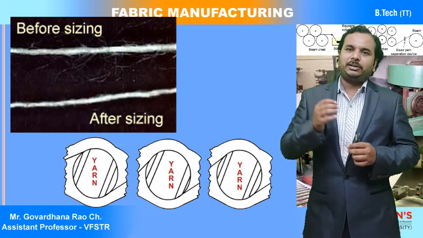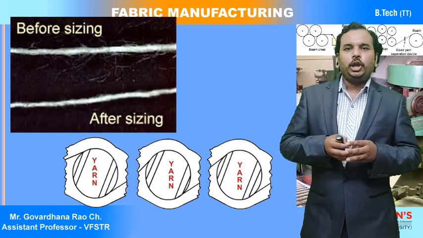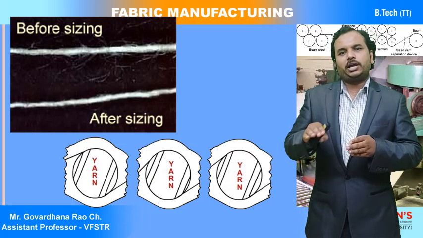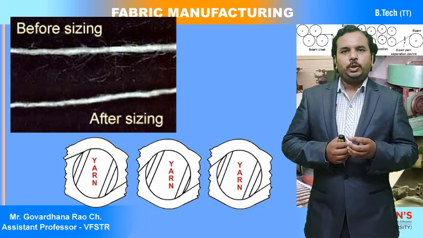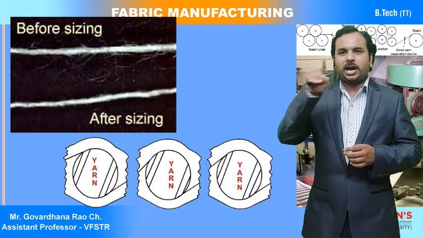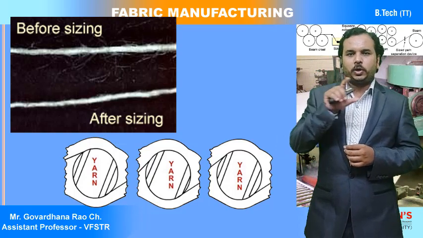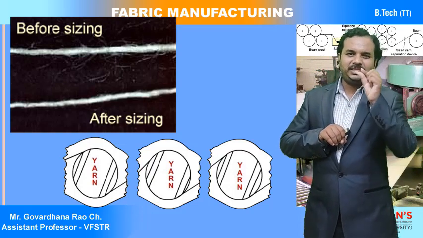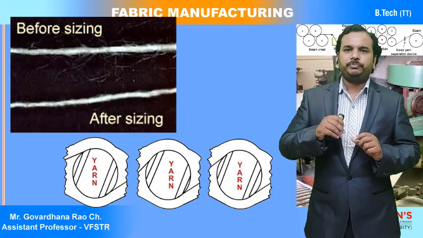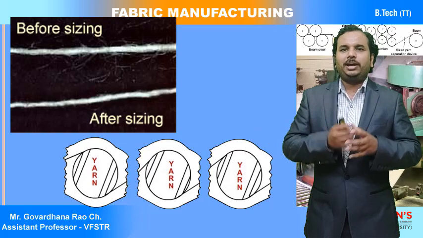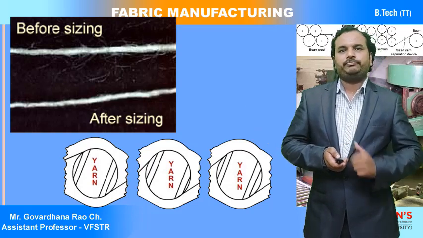Inside the yarn, the size paste is penetrated, and along with that, the surface of the yarn is also covered with the help of size film. In the second image there is a yarn in the middle, and the outer layer shown is called the size film. A thin size film is applied on the yarn surface throughout the length. This is how the protruding fibers or hairs are laid down on the surface of the yarn.